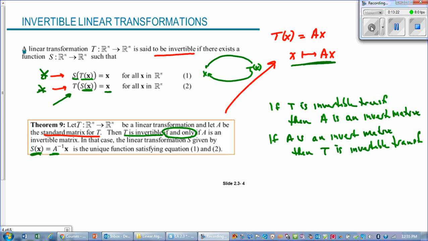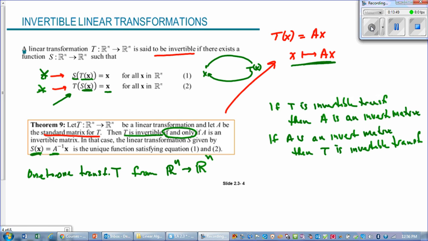Okay, so now let's consider one problem here. What if you were told that you had a one-to-one transformation T from Rn to Rn? Now that doesn't mean it's necessarily onto. It's just one-to-one.